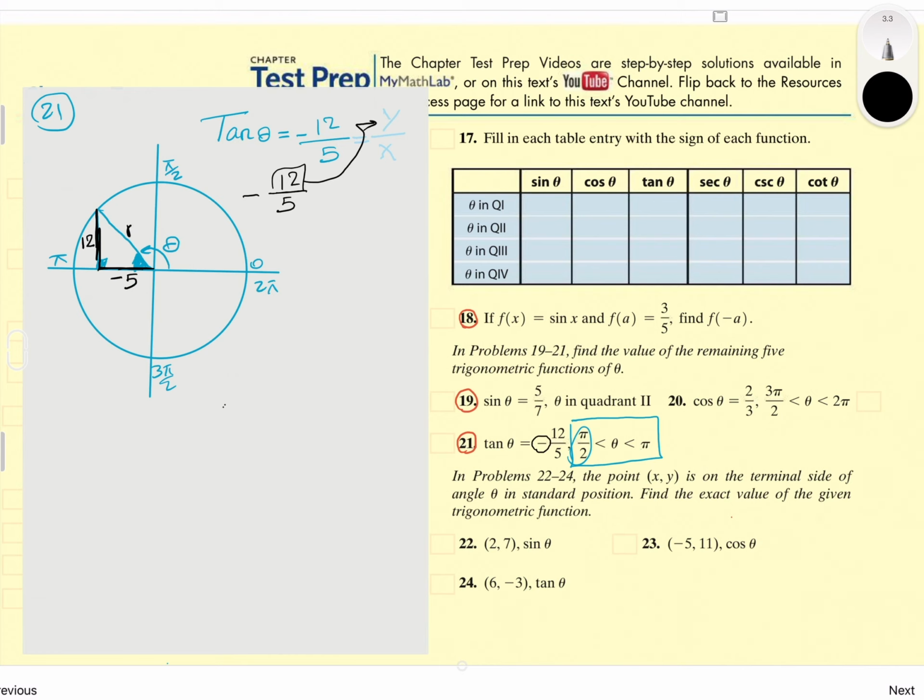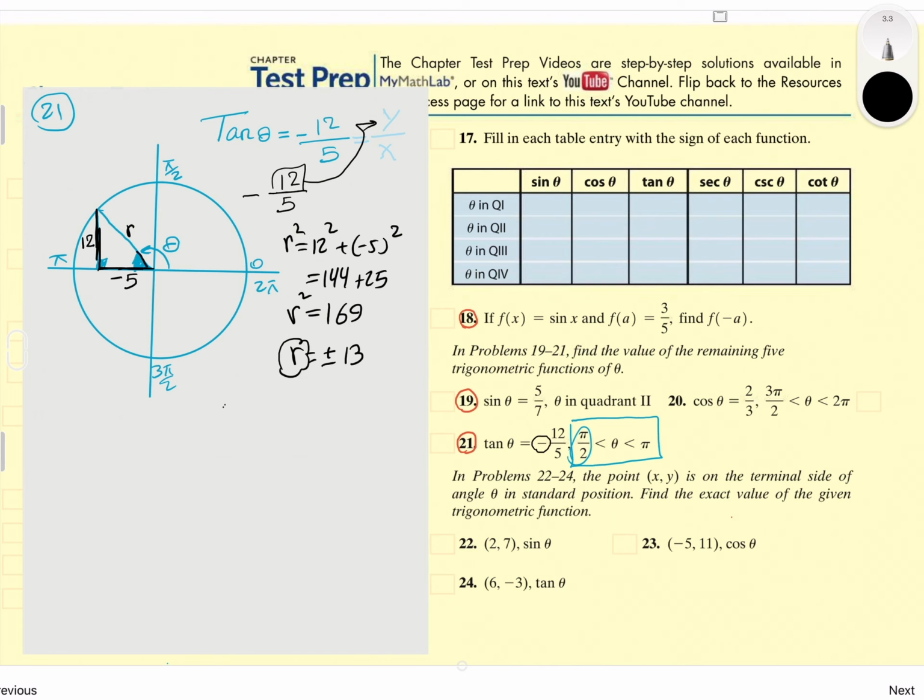So you solve for r squared equal to 12 squared plus negative 5 squared, which is 144 plus 25, 169. R will be plus or minus 13. R is never going to be negative.